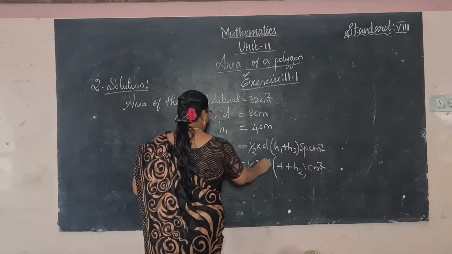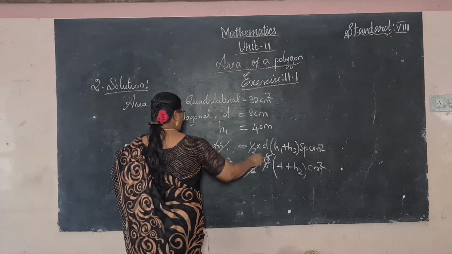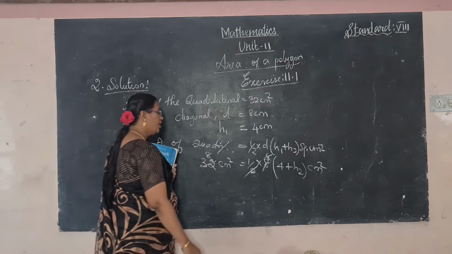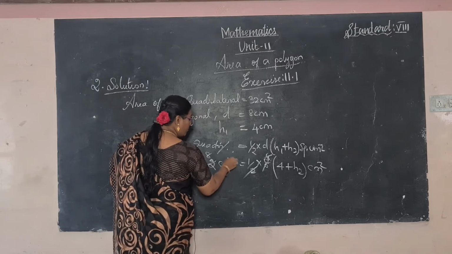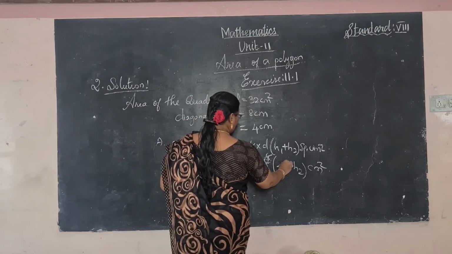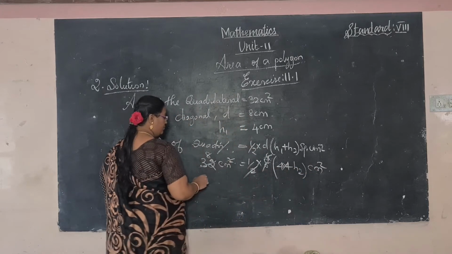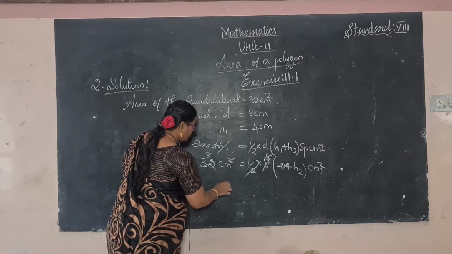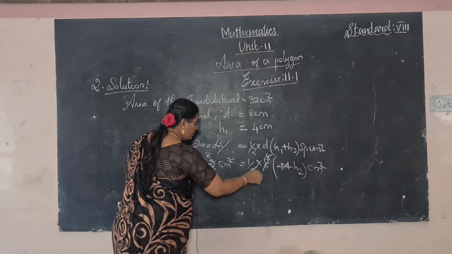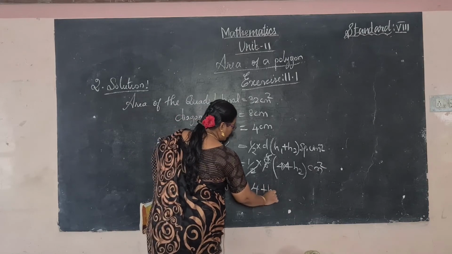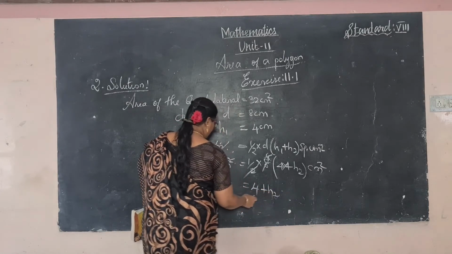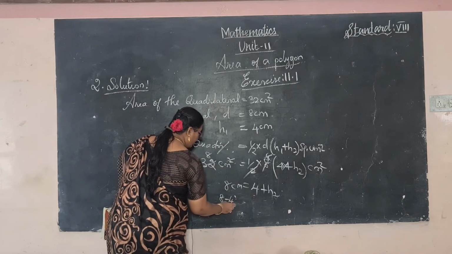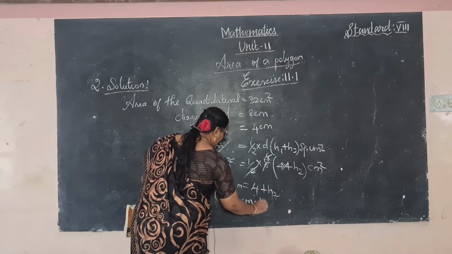Now simplify. Half into 8 is 4, and 4 into 4 plus h2 gives 16 on the right, so the 4s cancel and the units cancel. So 8 equals 4 plus h2, so 8 minus 4 centimeters is equal to h2.